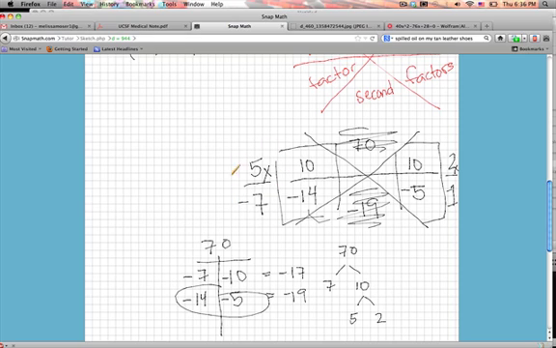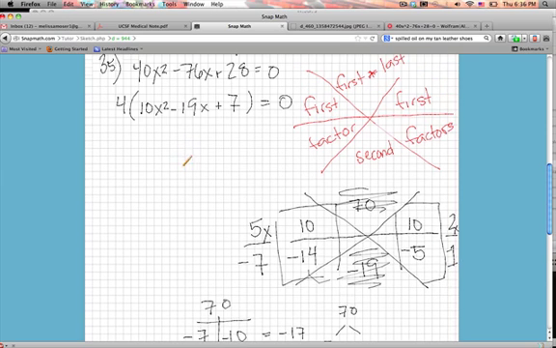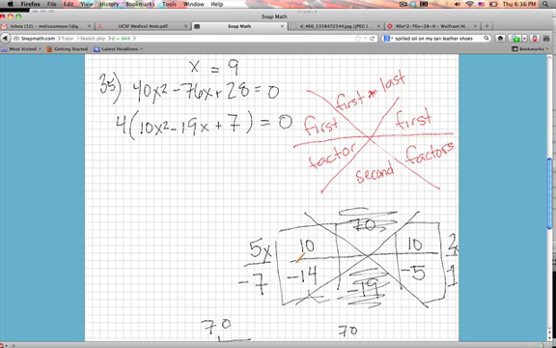And then instead of writing these numbers vertically, we're going to write them horizontally. So we still have this 4, but now this expression of 10x squared minus 19x plus 7 has factored into, let's take our first factor, 5x minus 7.